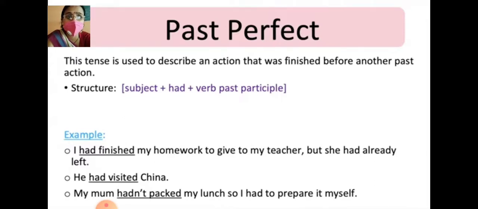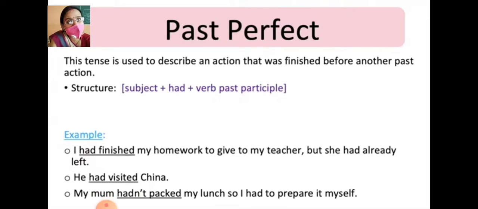It means verb third form. Subject plus had plus V3. For example, I had finished my homework to give to my teacher, but she had already left. He had visited China. My mom had not packed my lunch, so I had to prepare it myself. So hope, students, this is also clear to you.